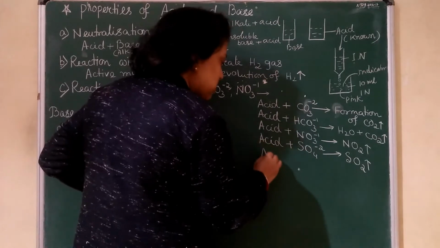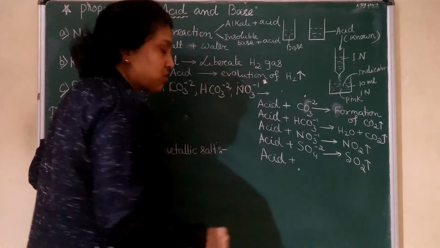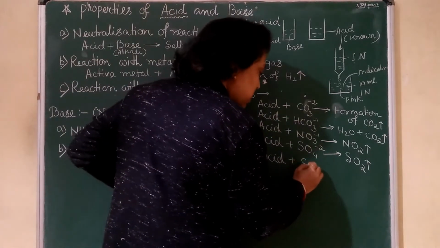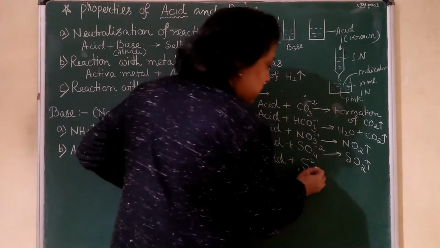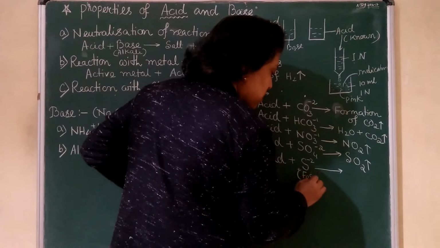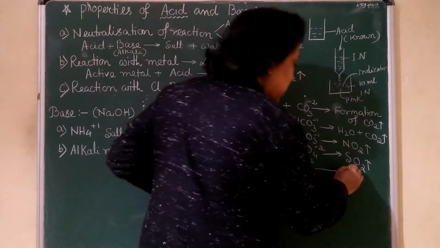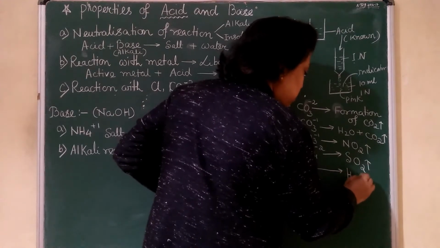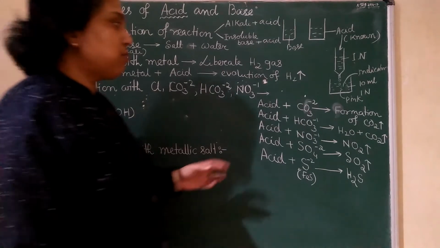Acid reacting with sulfide salt. Sulfide means S minus 2. For example, if it is reacting with iron sulfide, FeS, then the gas formed will be H2S.